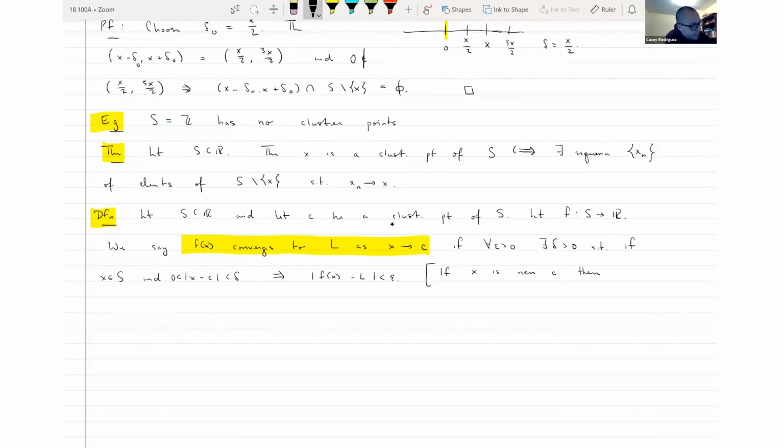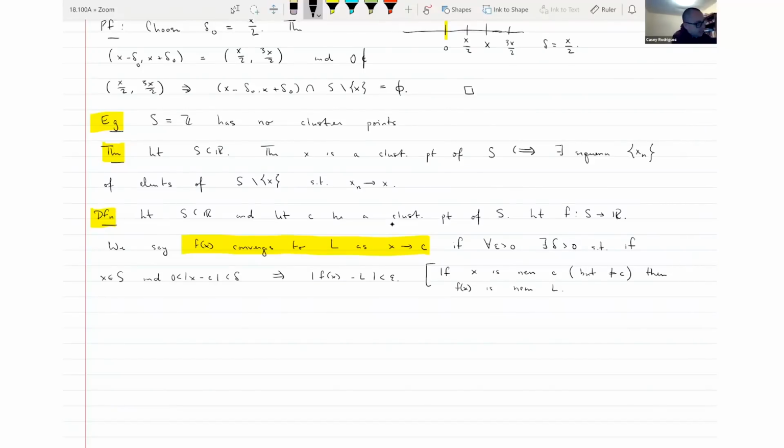If x is near c, then f of x is near L. And let me also throw in here that we're saying that x is near c, but not equal to c. For a limit, you don't look at what happens at f of c. The function doesn't even need to be defined there to be able to define what a limit is. We just care about what happens nearby.